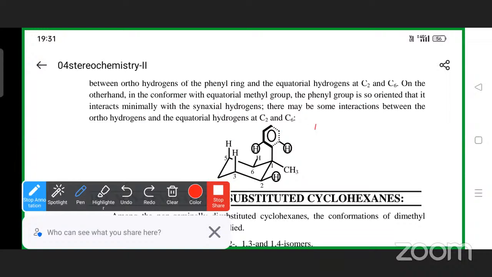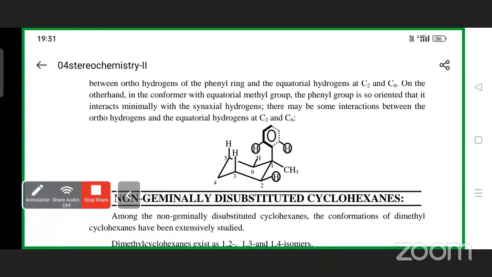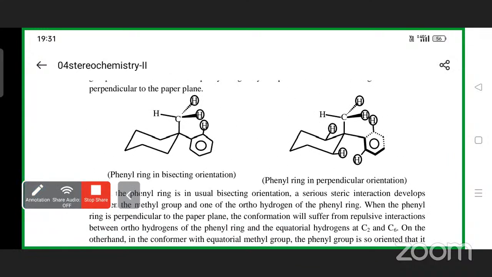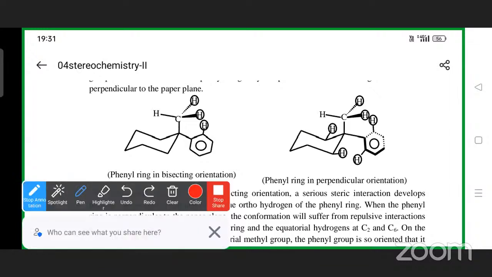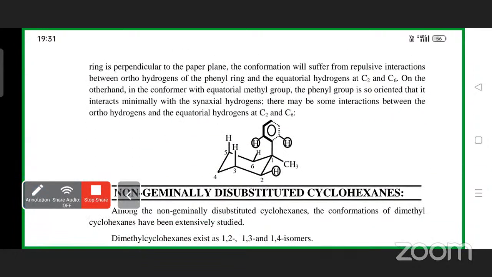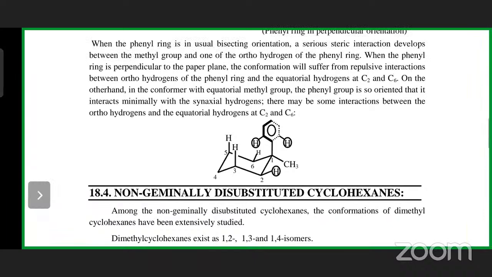If you see the above one, here this methyl group is above the plane, out of plane, and here also the same thing. So they are interacting with each other, but this problem is not there in the case of this methyl.